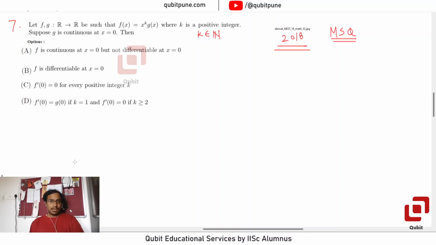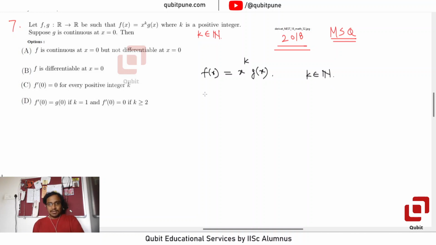And we know that g is continuous but not differentiable. Just in the previous question we have seen that for the product to be differentiable, it's not necessary that both of them should be differentiable, right? So let us go for f of x equals x raised to k into g of x. Now what do we want? We want to check whether it is continuous at 0. K belongs to N. Is it continuous at 0?